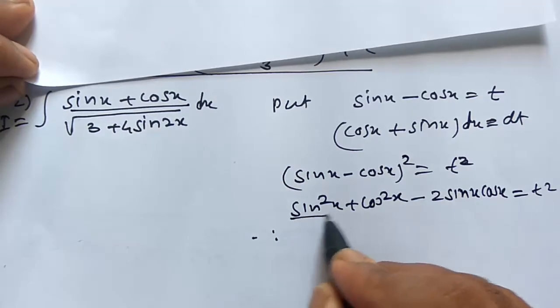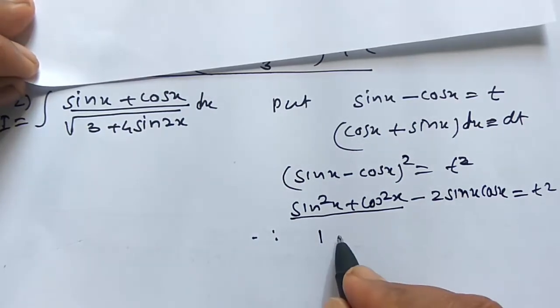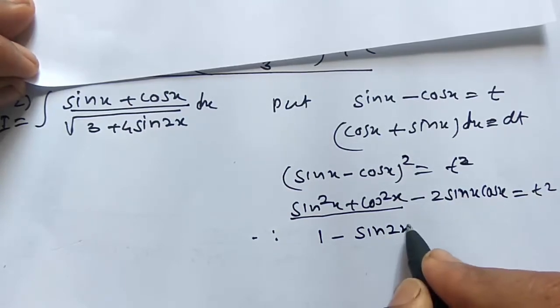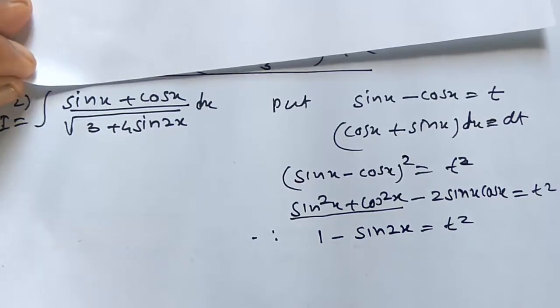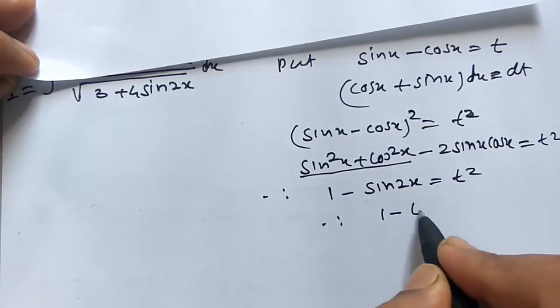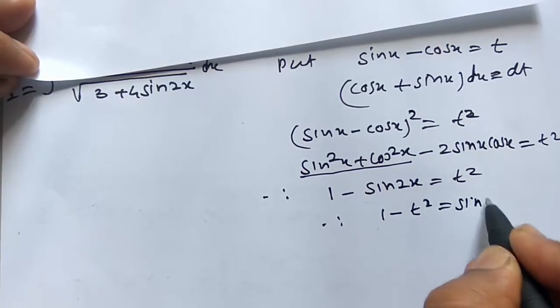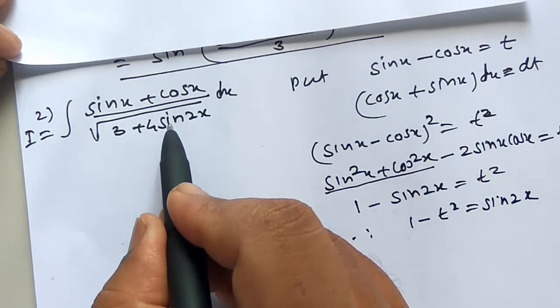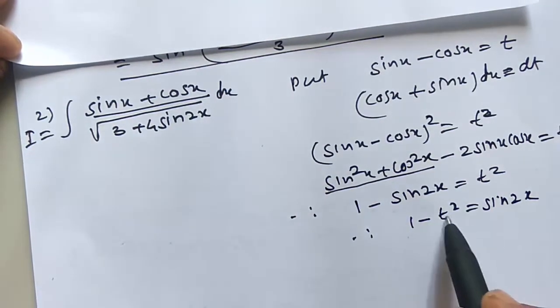Therefore, sin square x plus cos square x is equal to 1 by identity, so 1 minus 2 sin x cos x, which is sin 2x, is equal to t square. Therefore, 1 minus t square is equal to sin 2x. Now we replace sin 2x by 1 minus t square.